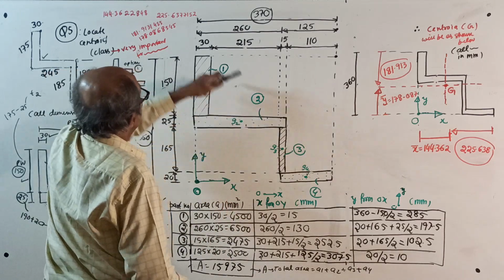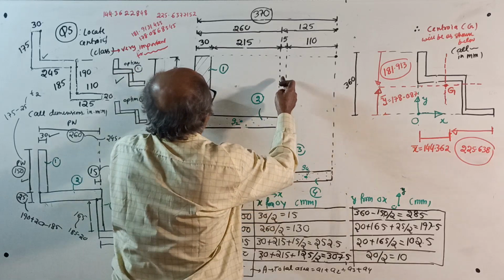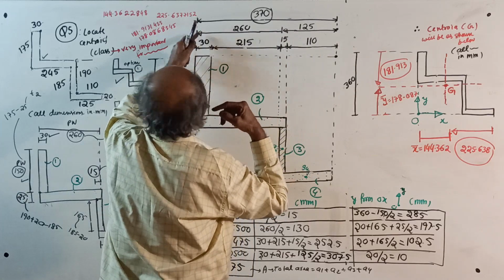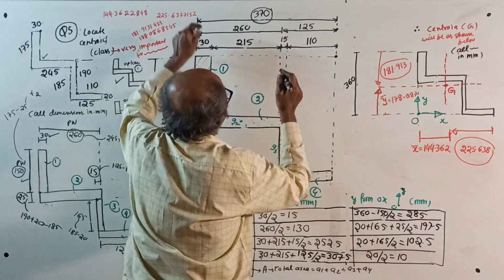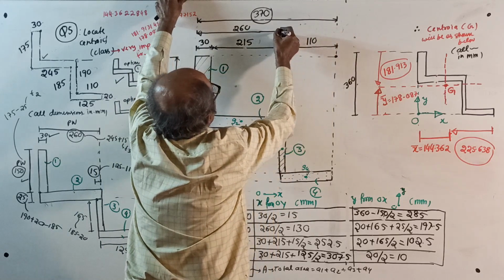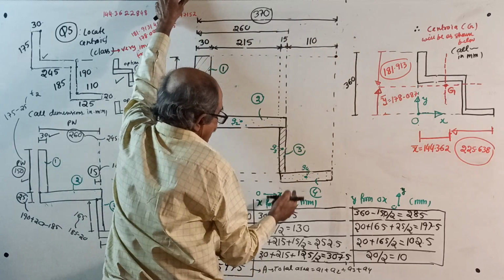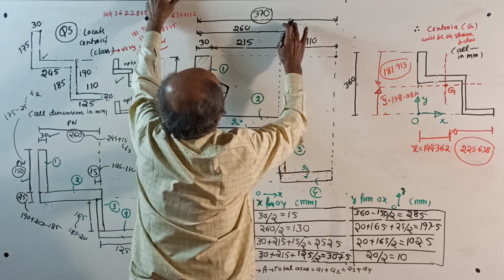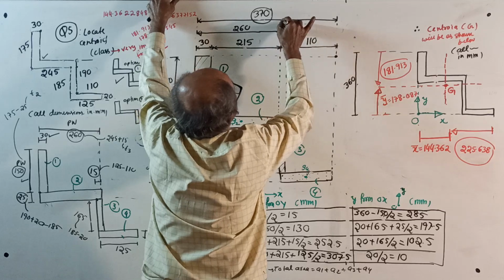This rectangle area is the base, the full base, 260, up to where? One minute. It is 260. Oh, some mistakes here. It is 260 up to here. Okay, no problem. Then that other one, how much? 125 is here. This is 125.